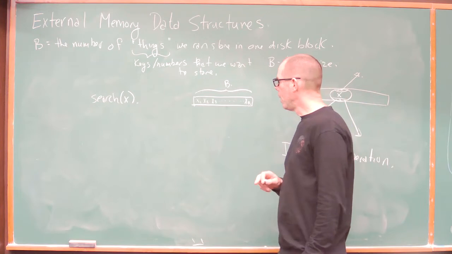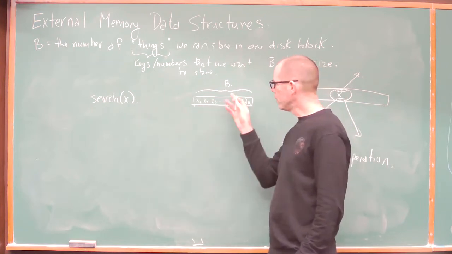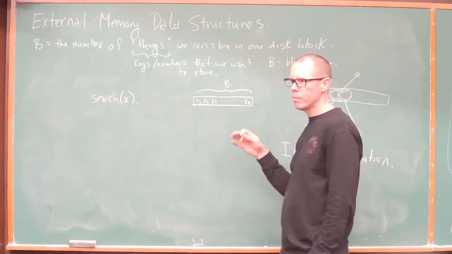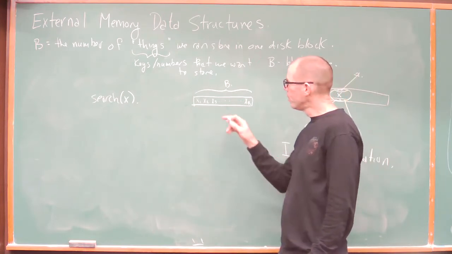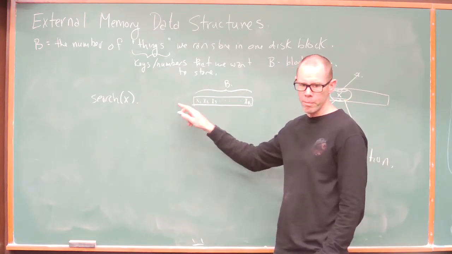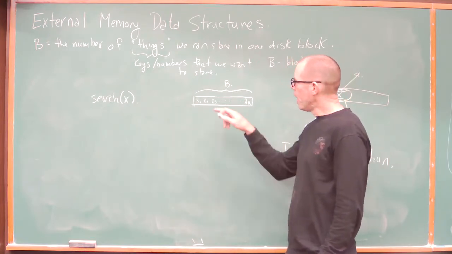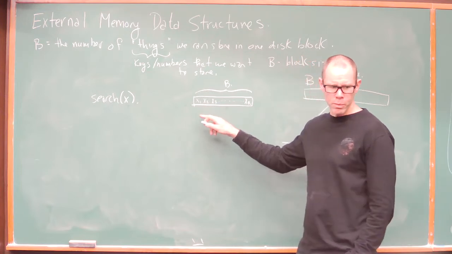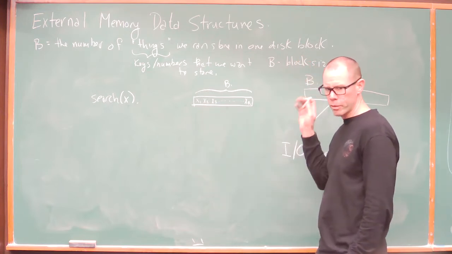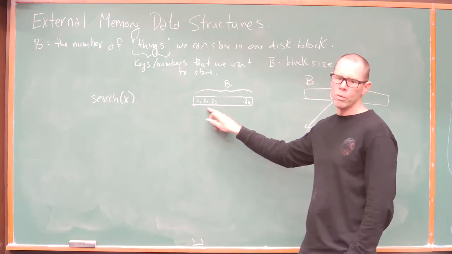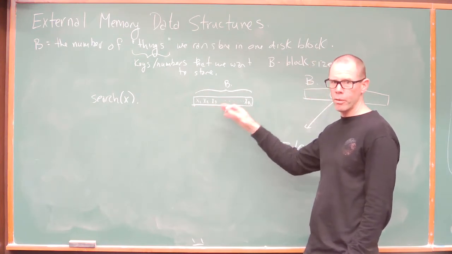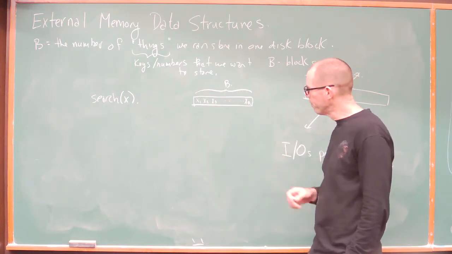Well, let's say x is not in the structure, so it's not here. In fact, otherwise there's even more possibilities. But x could be smaller than all of them, or it could be larger than the smallest one, but smaller than the other b minus 1 of them. Or it could be larger than the smallest 2, but smaller than the other b minus 2 of them, and so on.